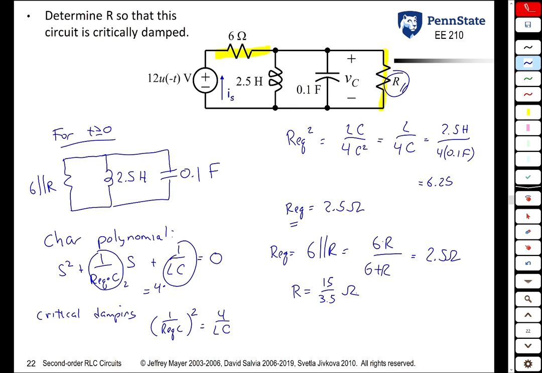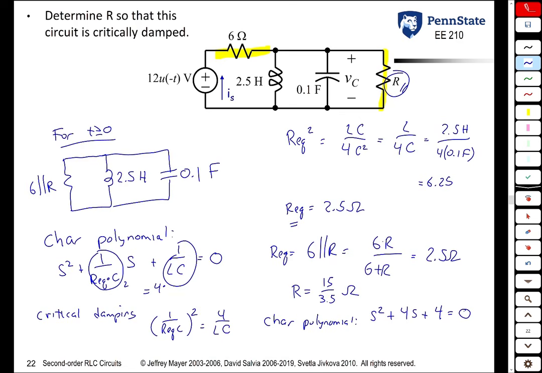Now, this problem did not ask us to find the solution or even the form of the solution, but let me just sketch a couple things. We know that the characteristic polynomial, in this case, is going to be S squared plus 1 over R equivalent times C times S, which is 4S, plus 1 over LC, that's 4, set it equal to 0.